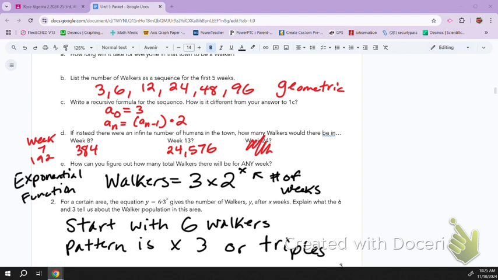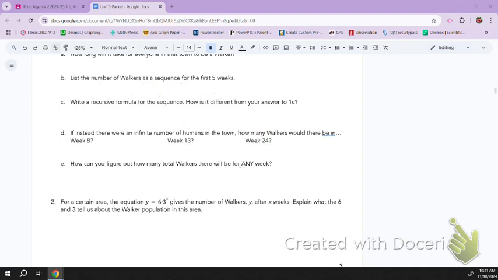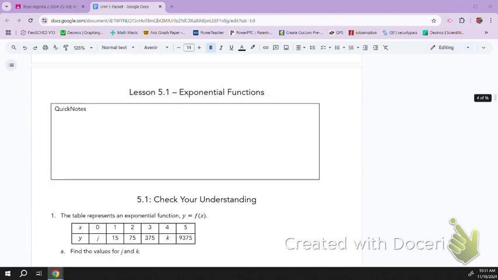Flip to the next page, please. Exponential functions. Writing the function. Writing the equation or the function.